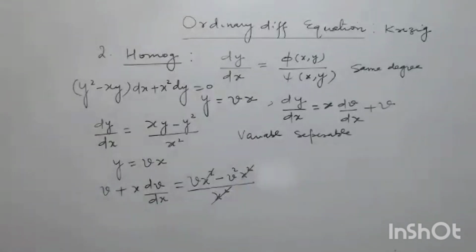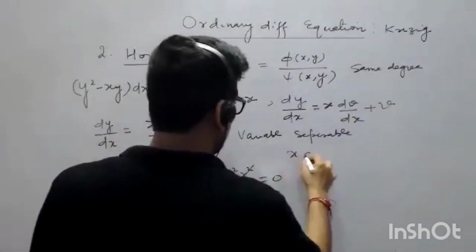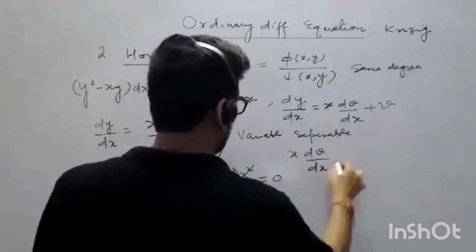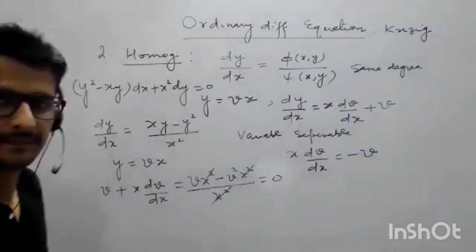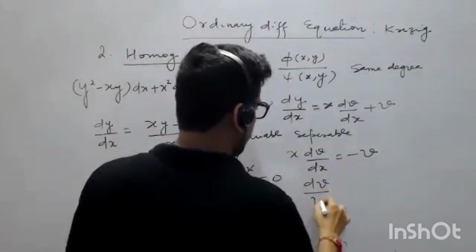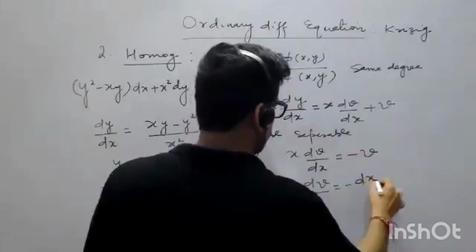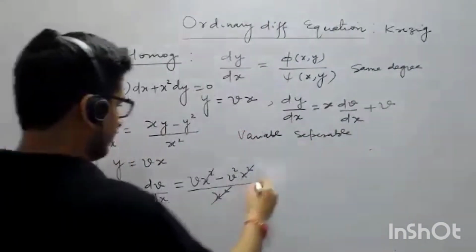So is this correct? So this will become 0. So what you will get? x times dv by dx will be equal to minus v. And dv over v is equal to minus dx over x. So it is v minus v square.